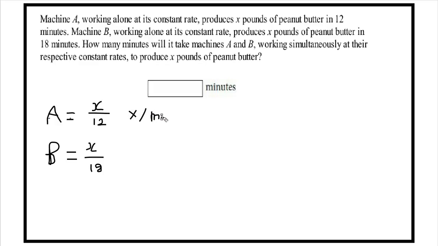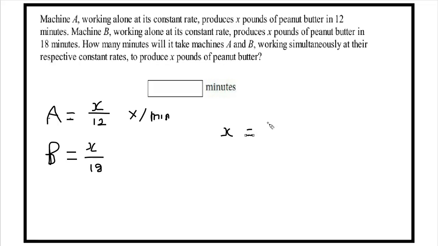So it's very important to have the same unit in both A and B. And what he is asking is how many minutes it will take machines A and B working simultaneously at their respective constant rates to produce X pounds of peanut butter. So he wants X pounds.